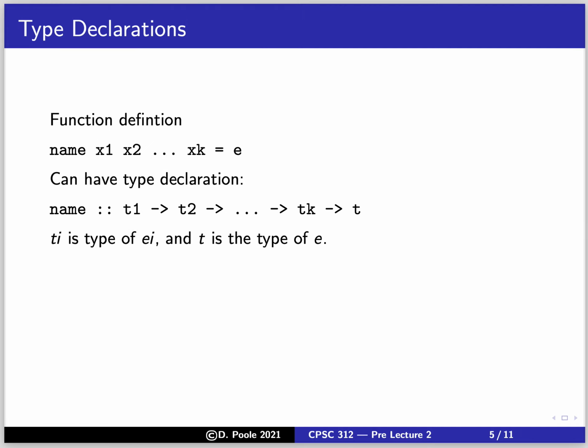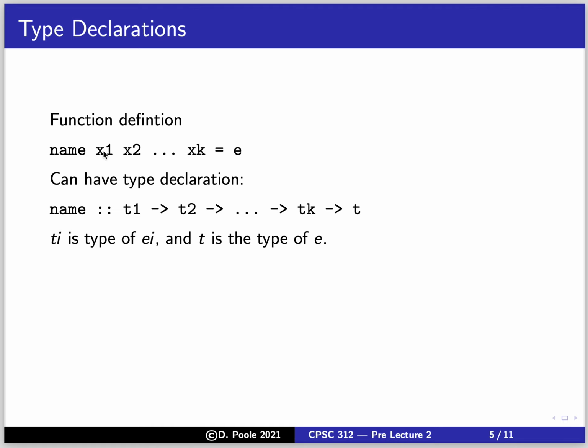Okay. Now, the other part of Haskell is the types. So a function definition of name x1, x2 to xk is e can have this type declaration. So it can say name is a function from t1 into t2 into tk into t. And these pair off. So each ti, this one here is the type of the first argument.